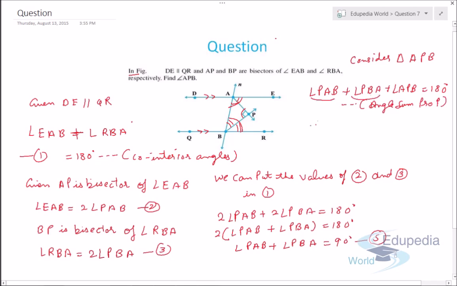So we can write 90 plus angle APB is 180 degrees. So angle APB is 180 minus 90, so angle APB is 90 degrees. So this is how we can solve these types of questions.